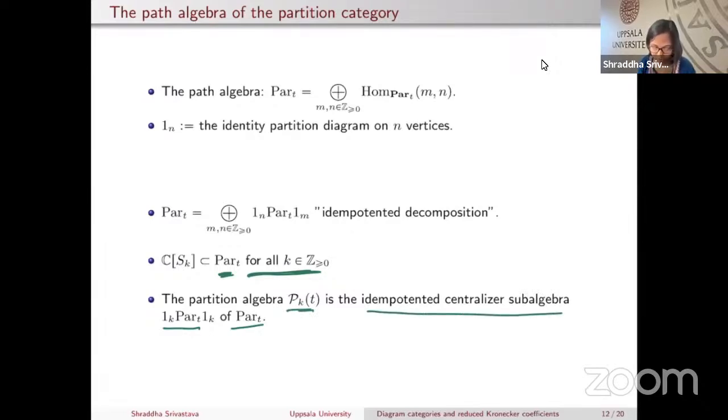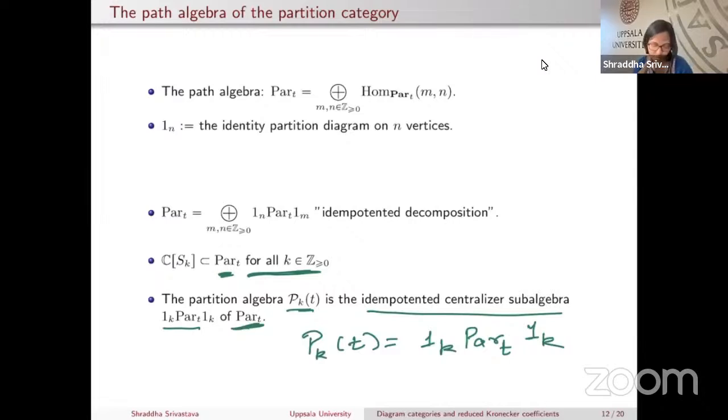P_k(t) is precisely multiplying by the idempotent 1_k on left and right. And then we know some general theory: if you know the representation theory of the bigger algebra, then we know the representation theory of the idempotent centralizer algebra.